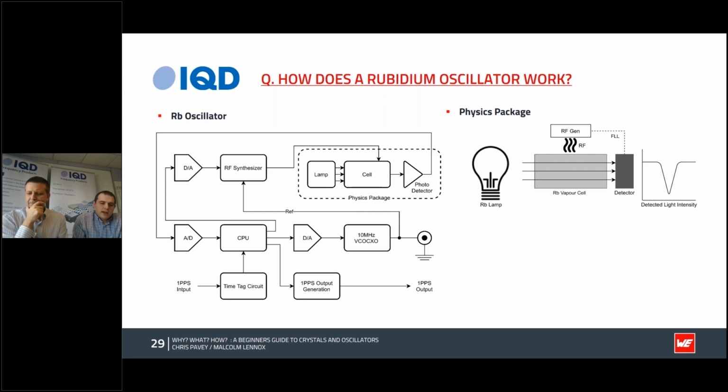The OCXO output is taken and then multiplied up to around 6.835 gigahertz via a VCO or RF synthesizer. The cell is then exposed to this microwave frequency, and this in turn causes the rubidium vapor to change quantum state.